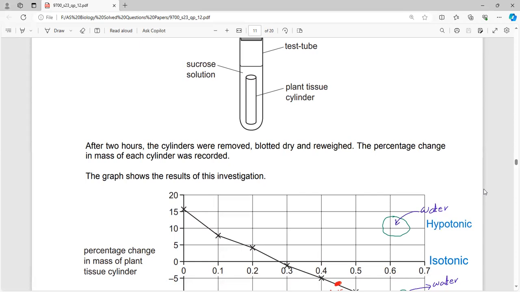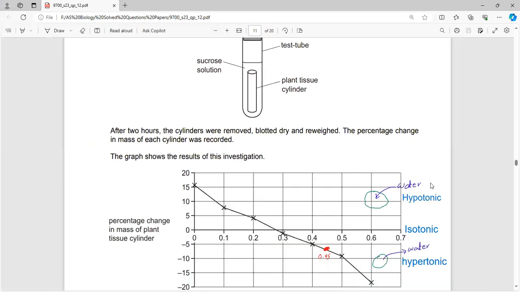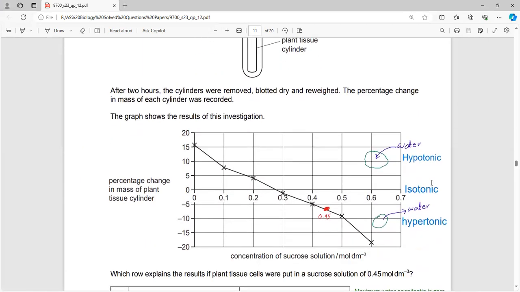After 2 hours, the cylinders were removed, blotted dry and reweighed. We measured the percentage change in their mass. You can see this graph is given in the question.